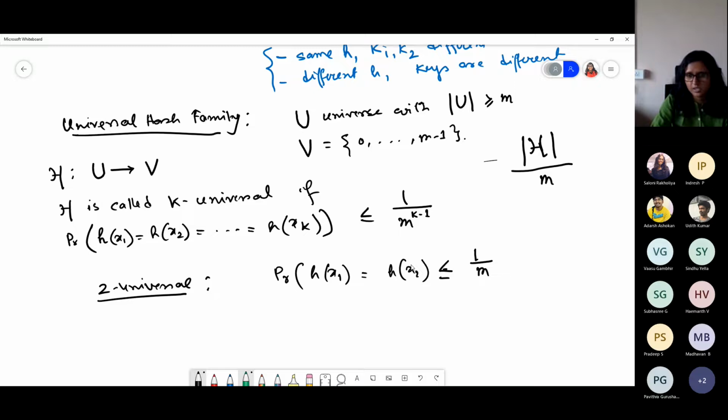That means it is uniformly random, right? Even if two keys are there, the collision probability is less than or equal to 1 by n. Any slot you can pick at random, uniformly at random, and that will be the probability of collision.